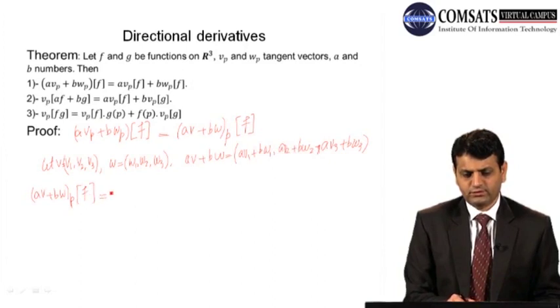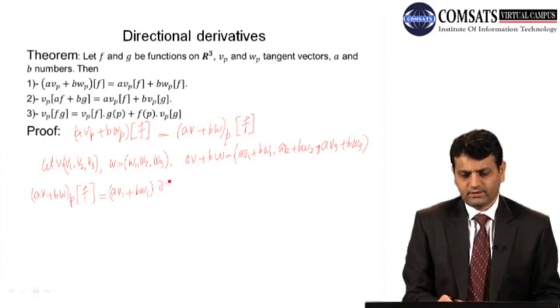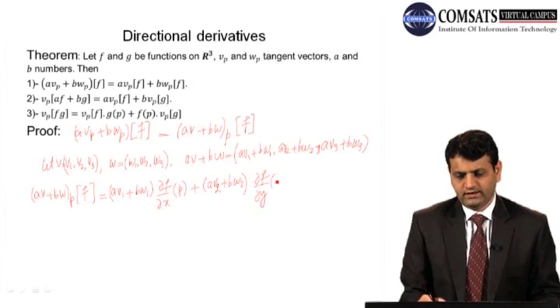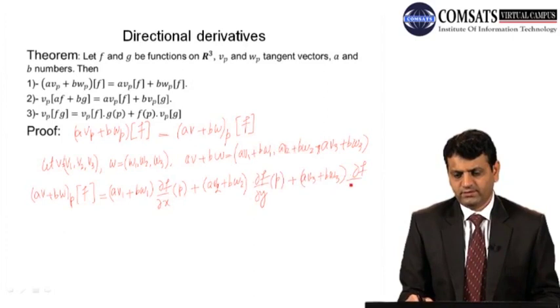It's basically equal to AV1 plus BW1 multiplied by partial f by partial x at point P plus AV2 plus BW2 multiplied by partial f by partial y at point P plus AV3 plus BW3 multiplied by partial f by partial z at point P.